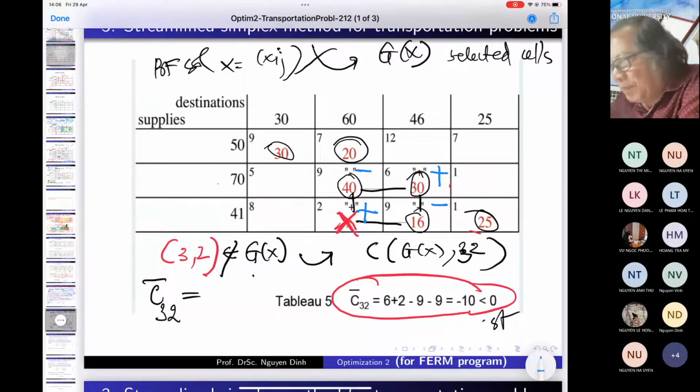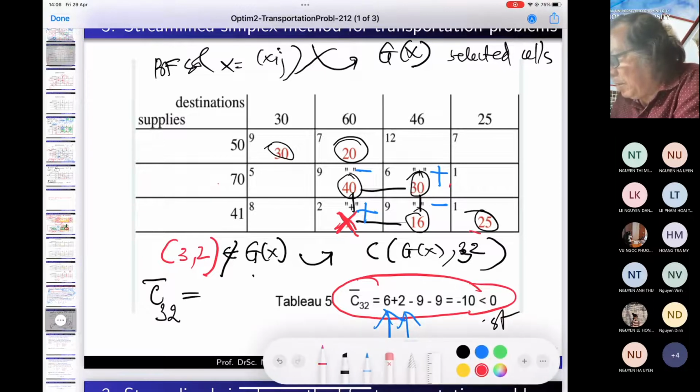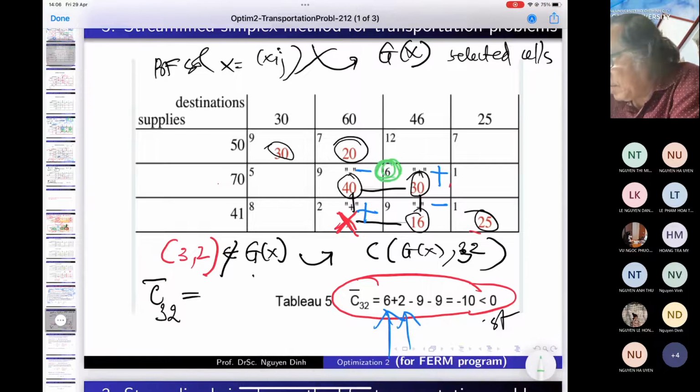And then you calculate the C bar. C bar is, you remember here, 6 plus 2. 6 is here, plus 2 is here.